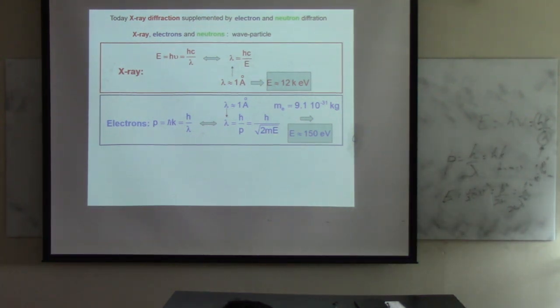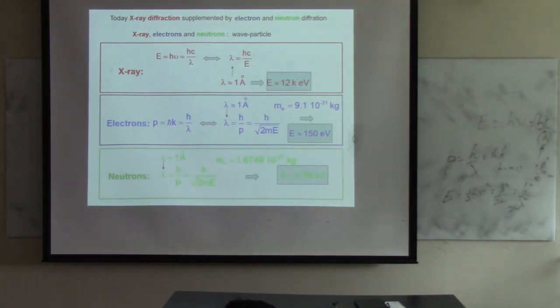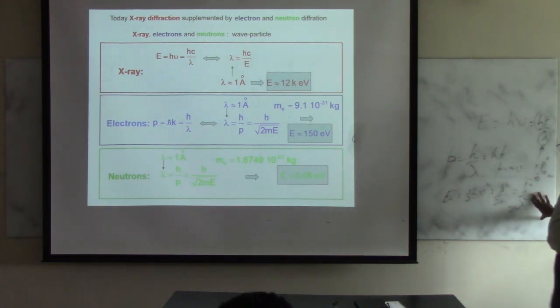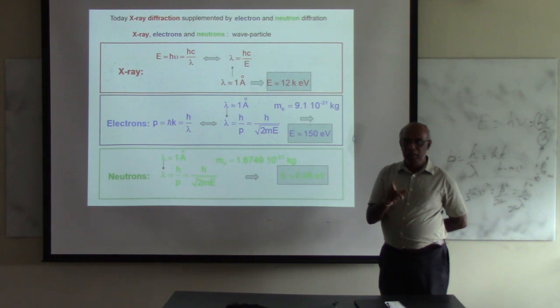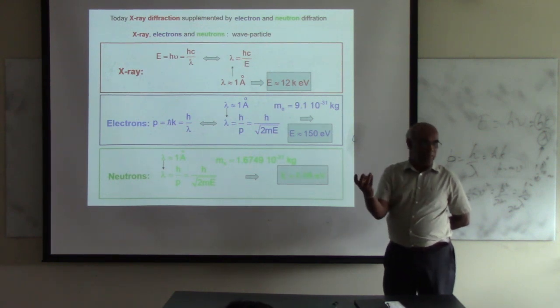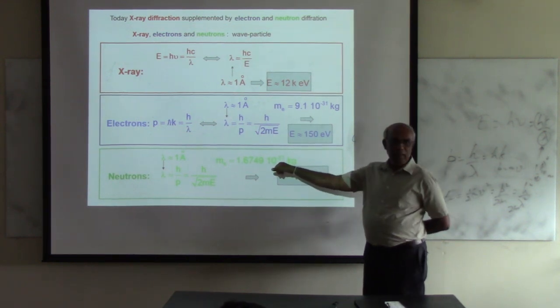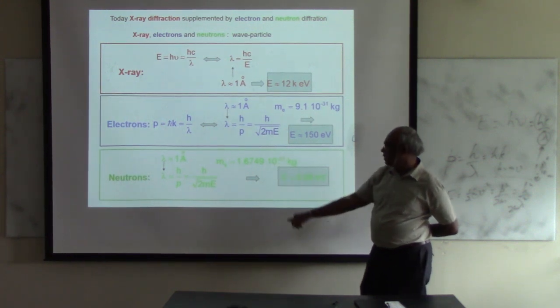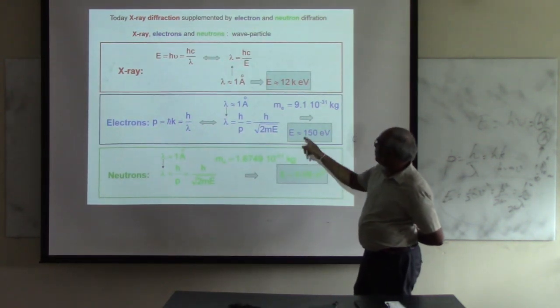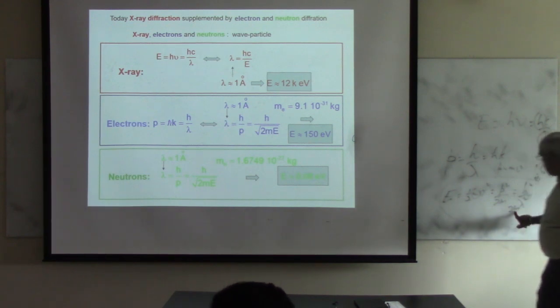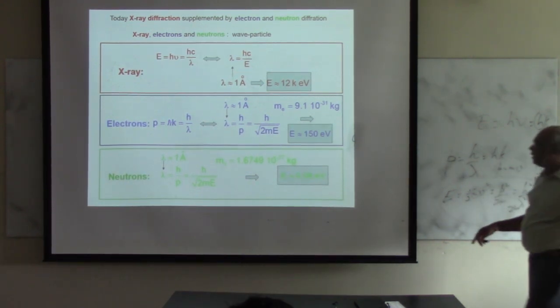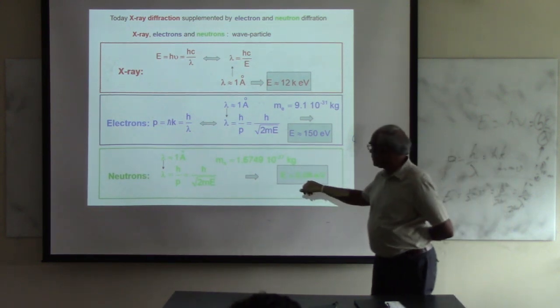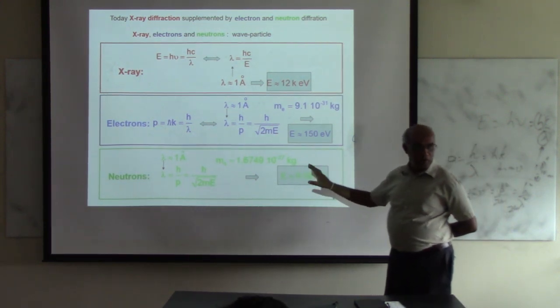The same thing applies if you use neutrons. It is also a massive particle, so you use the same formula. The only difference is that the neutron has much higher mass compared to the electron, about 10 to the power minus 27 kilograms. So if you plug that in, your mass is now much larger, which means your energy is going to be much smaller.